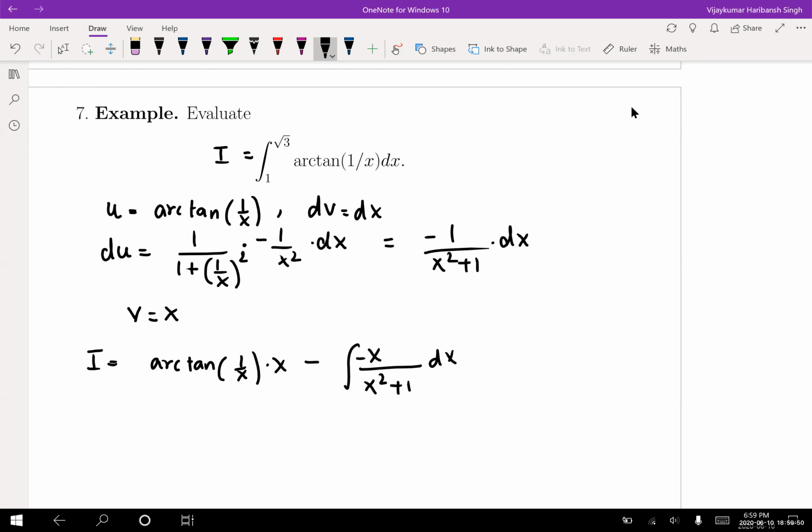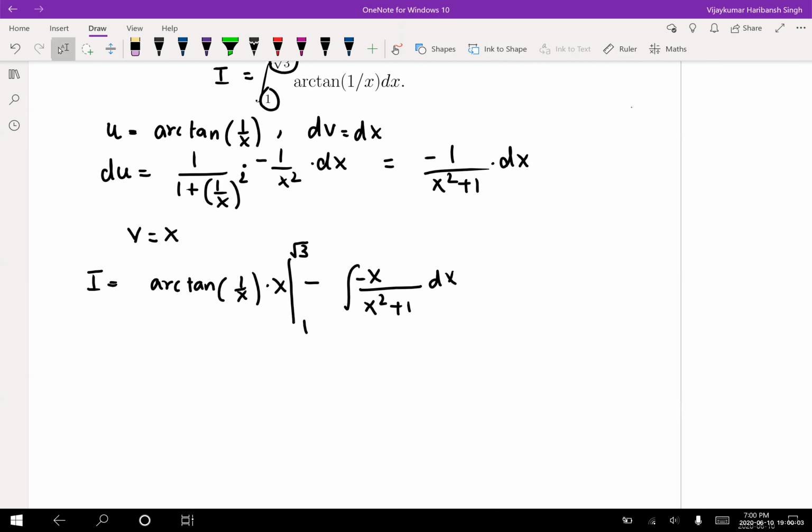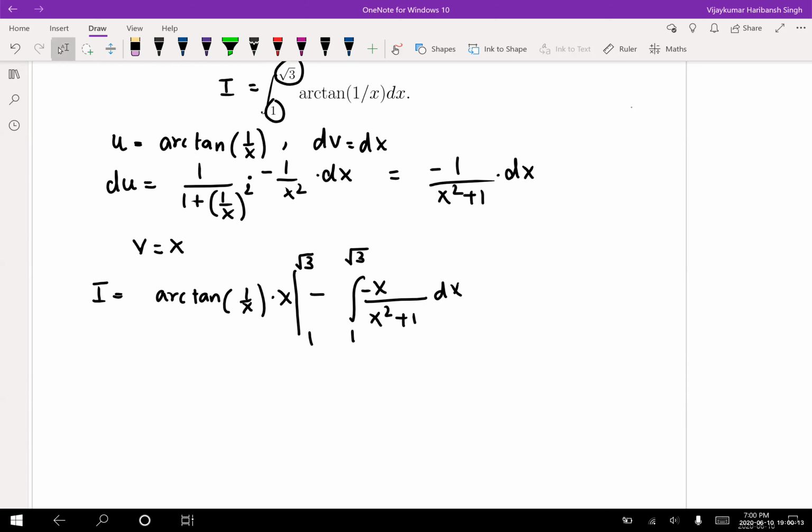Let's just keep that minus sign. Since you're doing a definite integral, you should already write a line like this, which means you have to compute the upper limit minus the lower limit, for this integral from 1 to square root of 3. Another approach is to compute the whole integral first and then put in the upper limit minus the lower limit, like the fundamental theorem of calculus 2. It's up to you which one you choose.